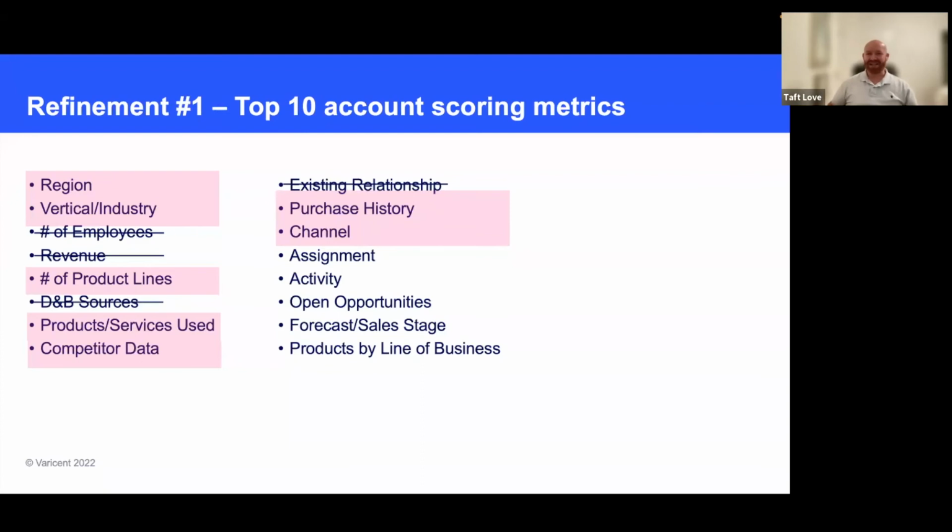Yeah, the channels they use to sell is huge. If you're Stripe, this might be really high on your list of attributes. And if you're in manufacturing and you're way upstream of the eventual sale, you might not care about it at all.